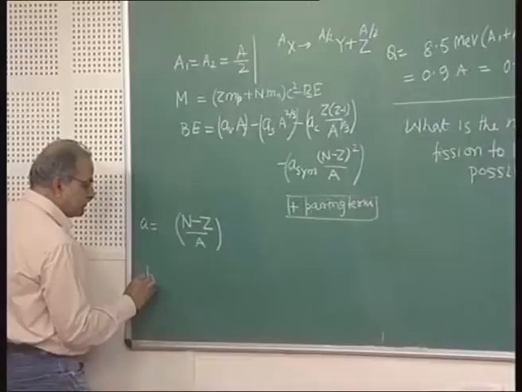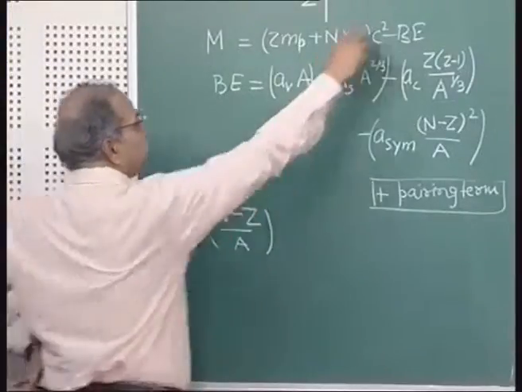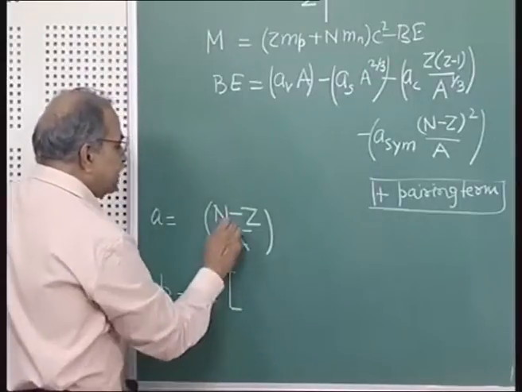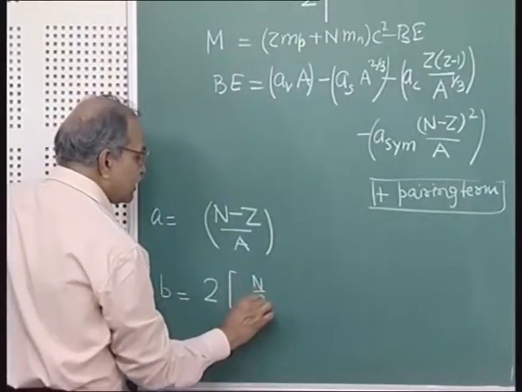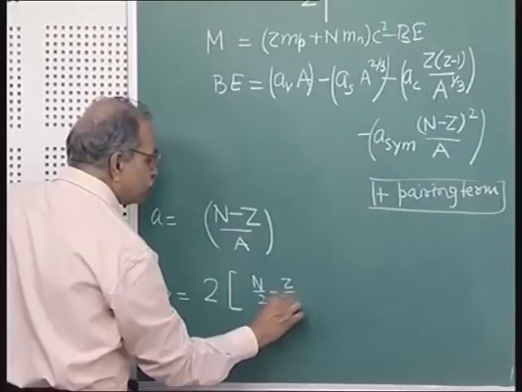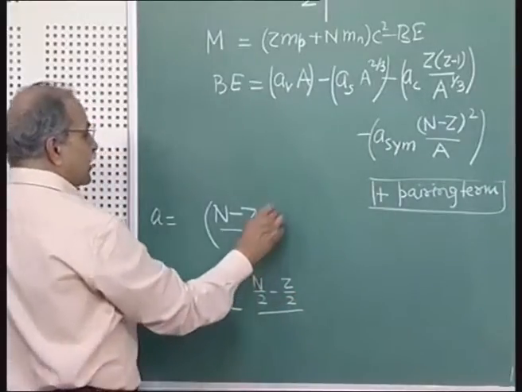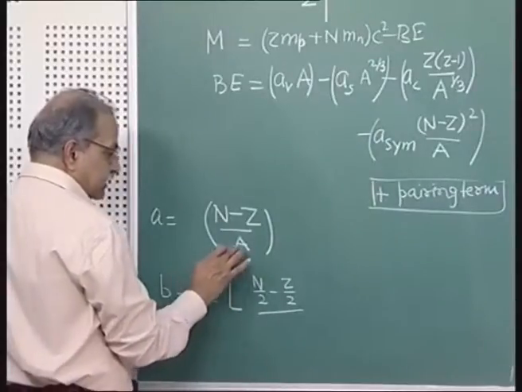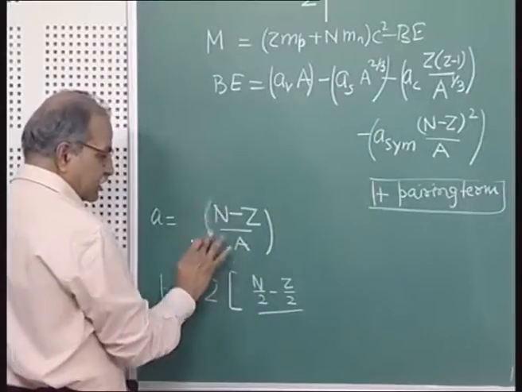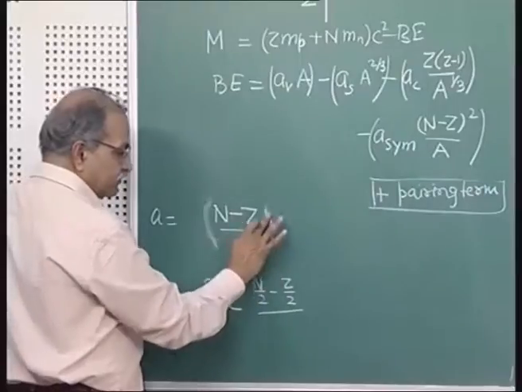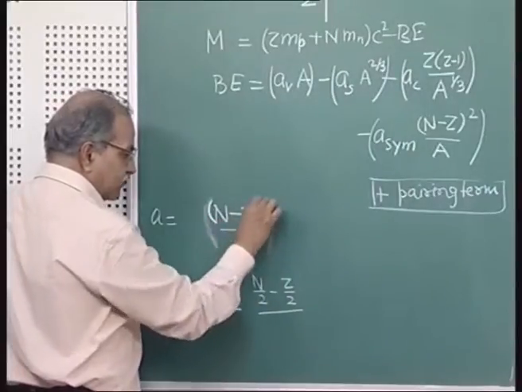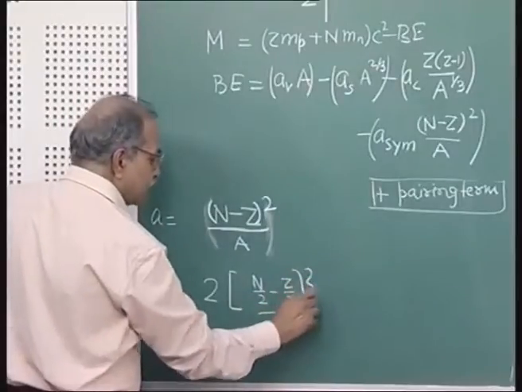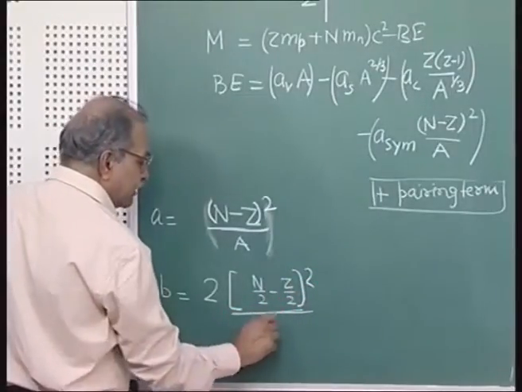After this split you have 2 of them, with n becoming n/2 and z becoming z/2, squared, and divided by A/2.